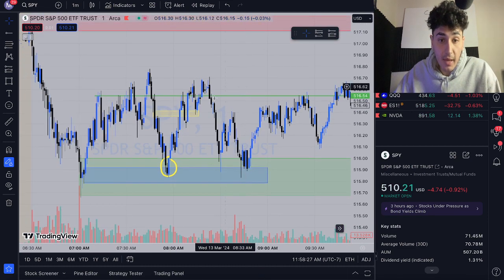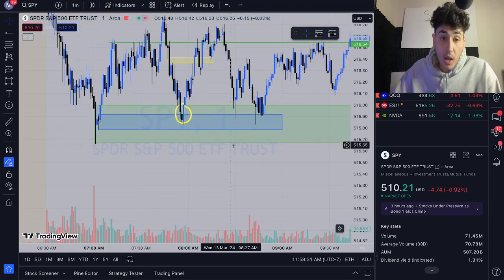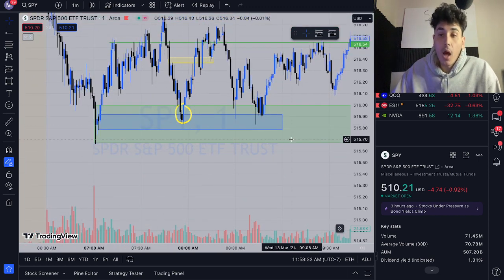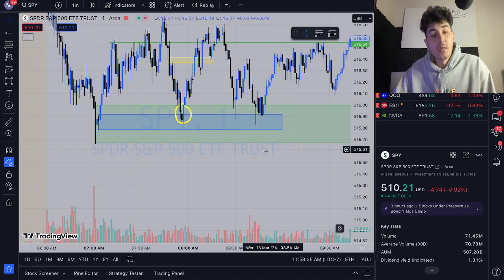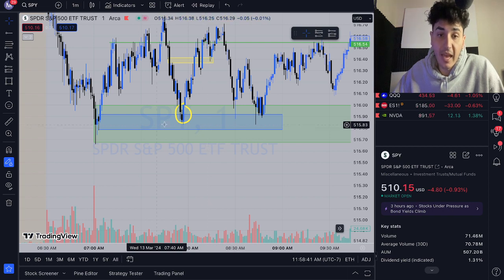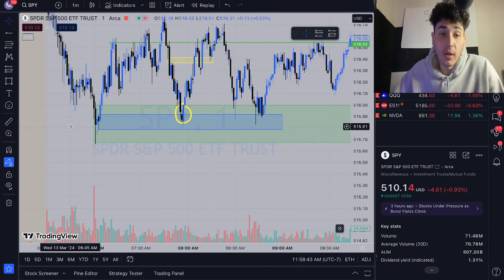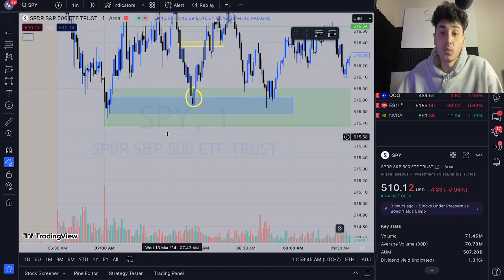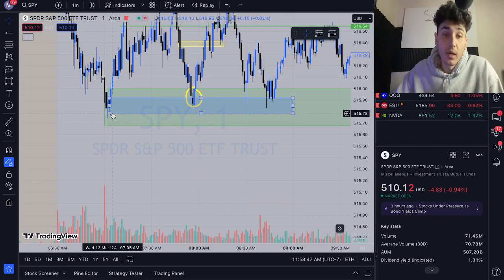So let's say that we took our entry right here as well. And our stop loss, keep in mind, guys, my stop loss almost always is going to be a complete break below our 5-minute zone, right? A complete candle close below. Sometimes we'll get a slight wick below and then reverse right back up.